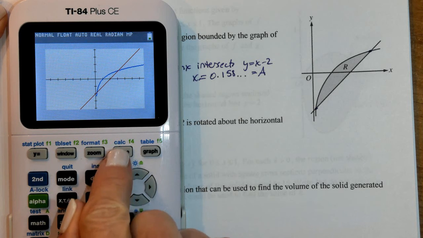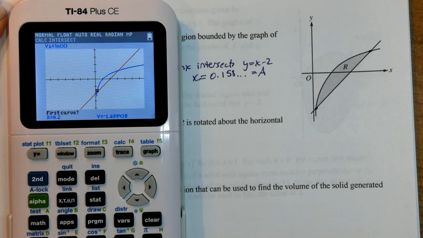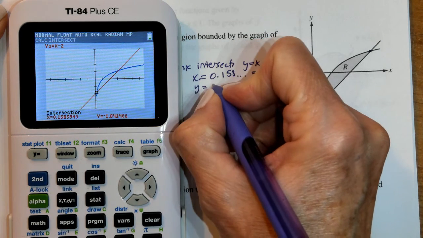Do you think we're going to need that y value? We may or may not, okay? If you think we're going to need it, write it down. If not, you can risk it.